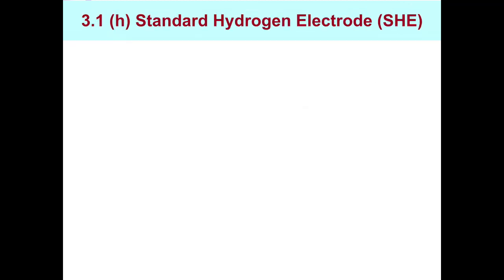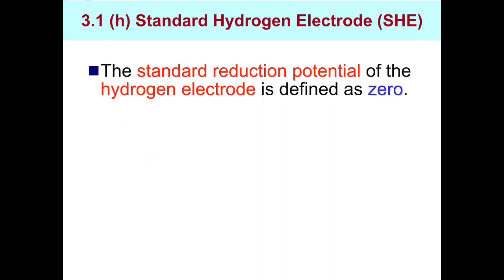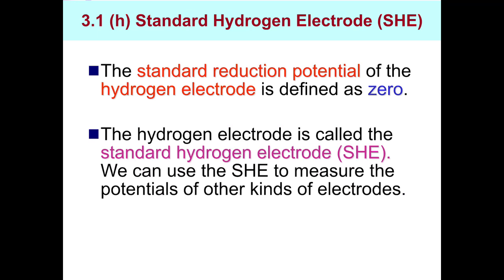Let's proceed to see what is the standard hydrogen electrode, SHE. The standard reduction potential of the hydrogen electrode is defined as 0. The hydrogen electrode is called the standard hydrogen electrode, SHE.